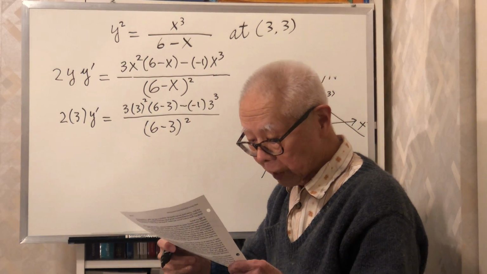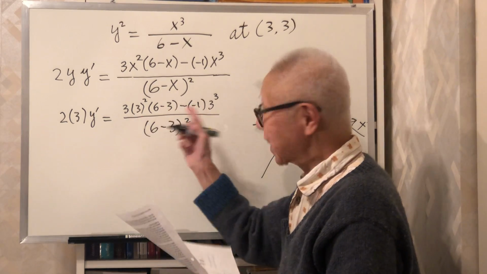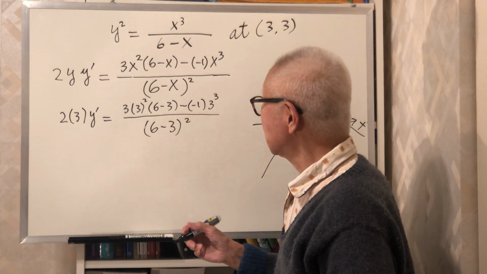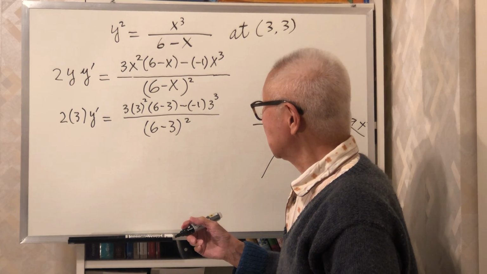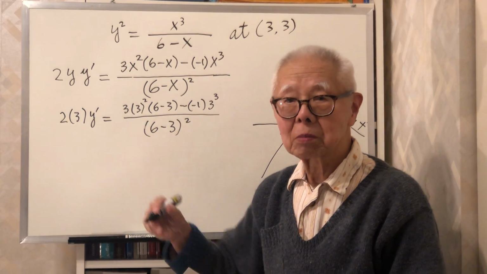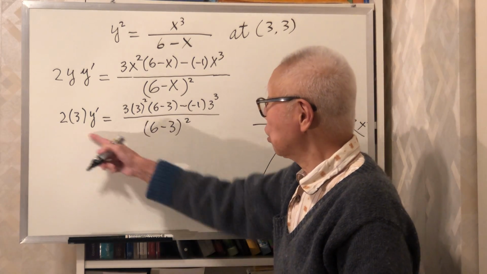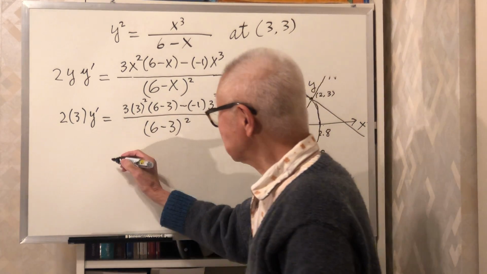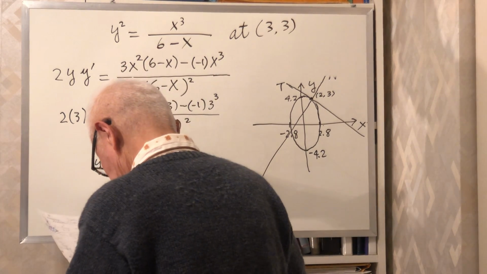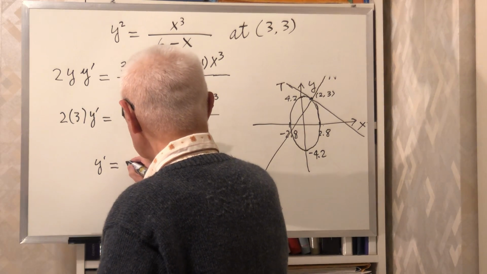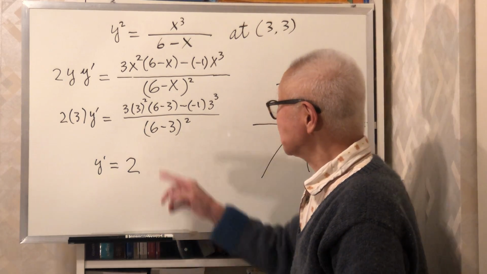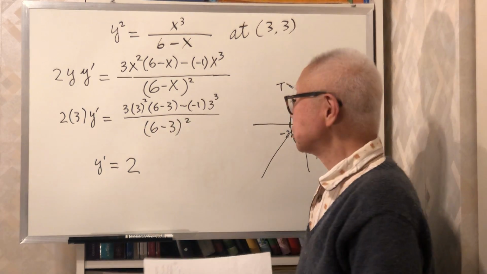Substitution, and then work it out. I am not going to write down each step. I'm sure you can do it. So work this out. I got the answer. Y prime is a very simple integer. It's 2. So work it out. All right.